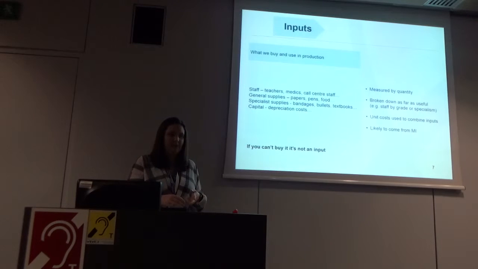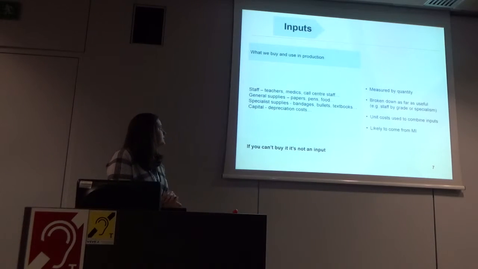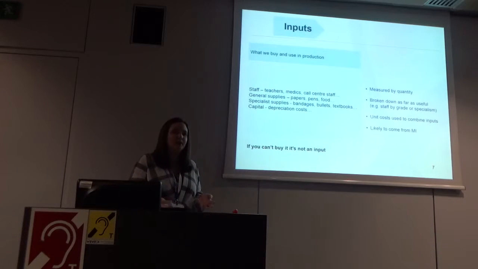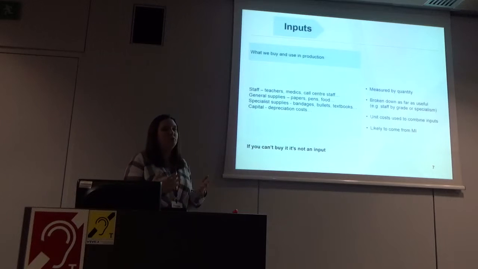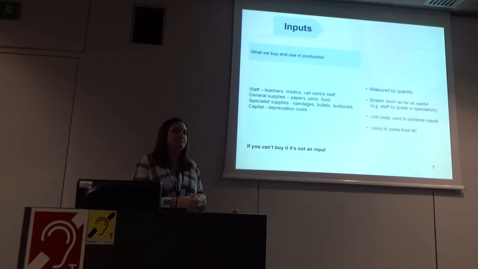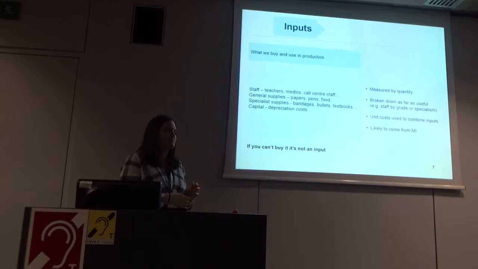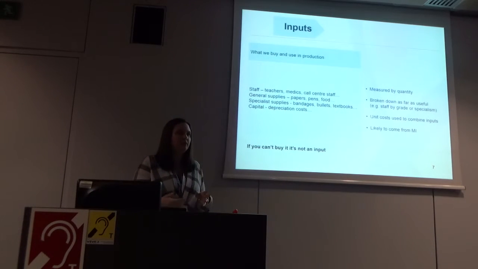That includes everything from general supplies that you buy, from the chairs that are being sat on to pens and paper and food in a canteen, to much more specific supplies that would depend on the programme area, anything from bullets to bandages in a hospital. It's really everything that you buy that gets used up in the process of producing your output that year. And then you've got your capital, so your depreciation of buildings and vehicles, all those sorts of things.